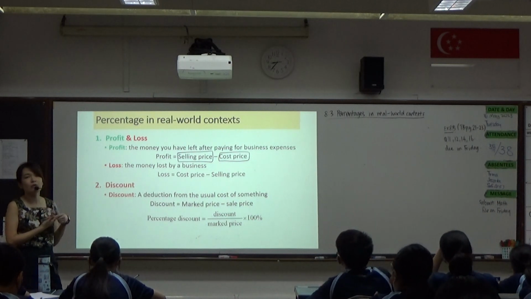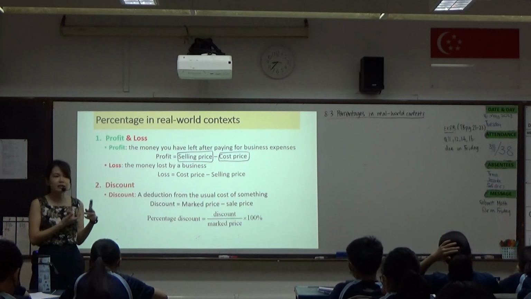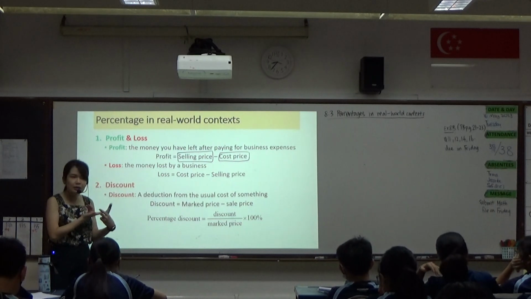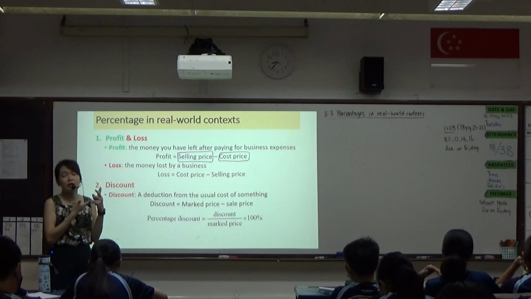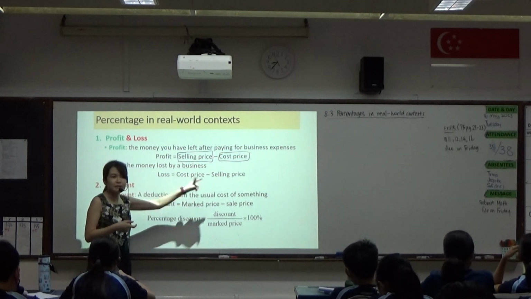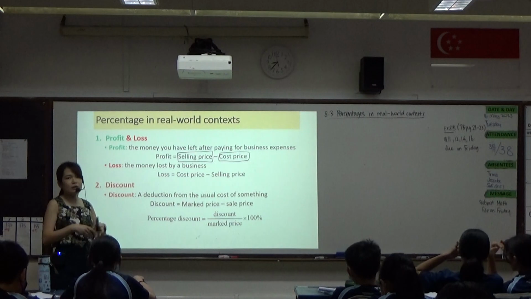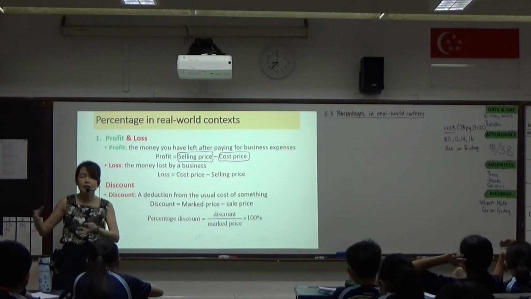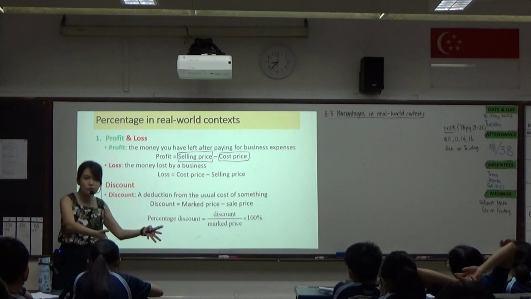So for example, you go and buy your fruits in the supermarket, they will have a label there, that is what constitutes selling price. Cost price is the amount of money that the seller has to pay in order to get the goods to sell to you.